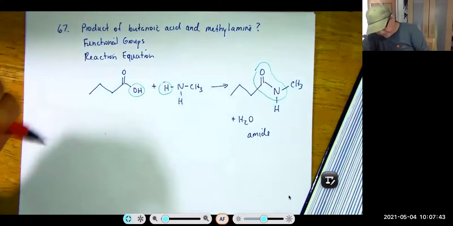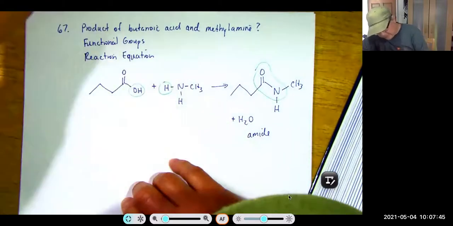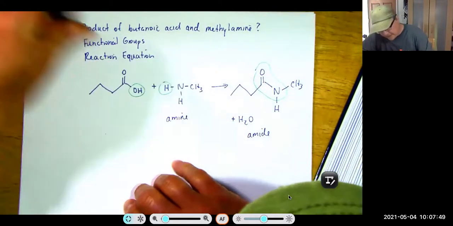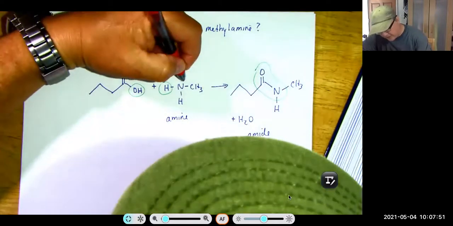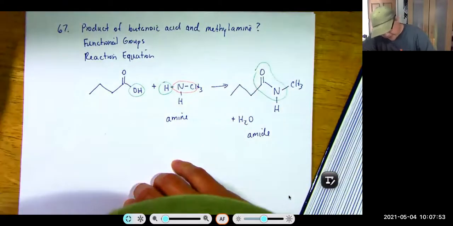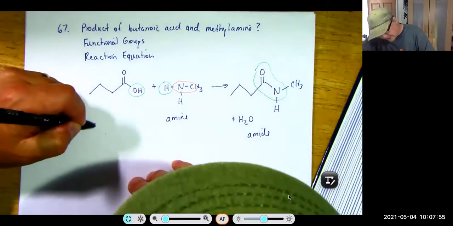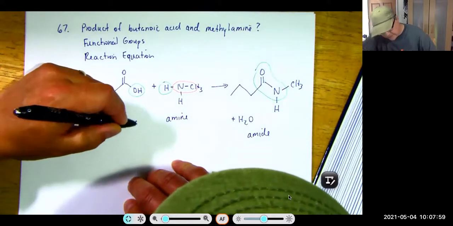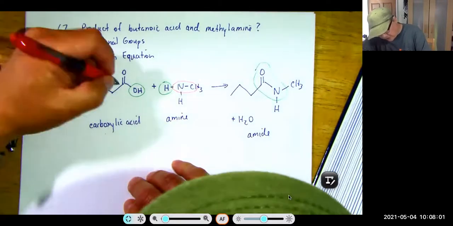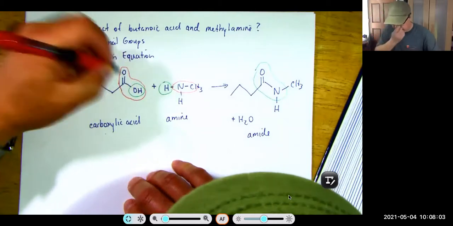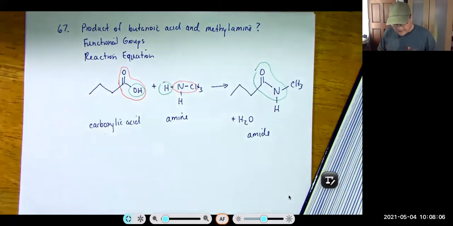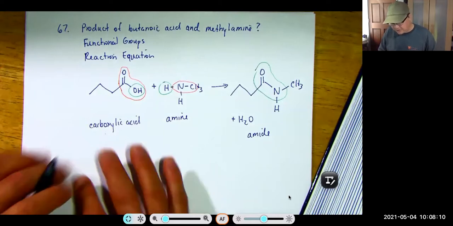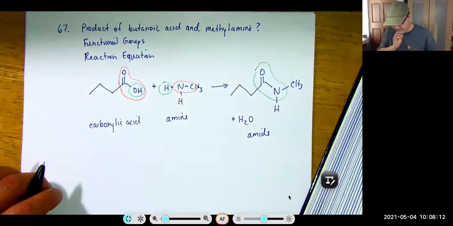This is an amine, and you would want to circle a carbon and a nitrogen. And this is a carboxylic acid. And you'd want to circle all of this for your carboxylic acid. And this is the reaction equation. It shows the functional groups and you get the product.